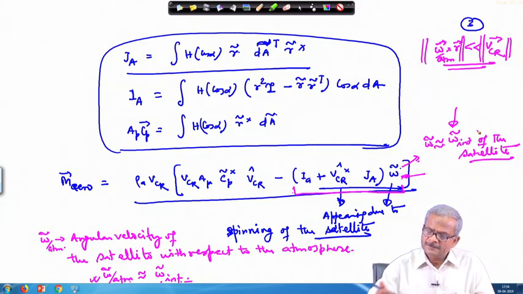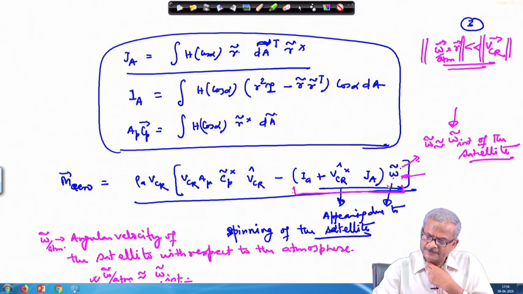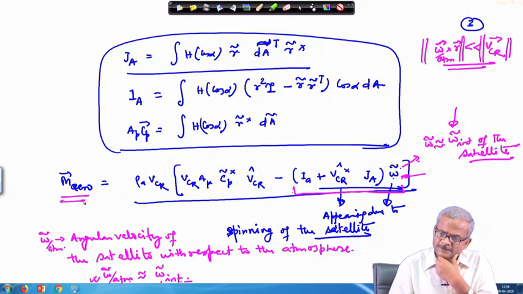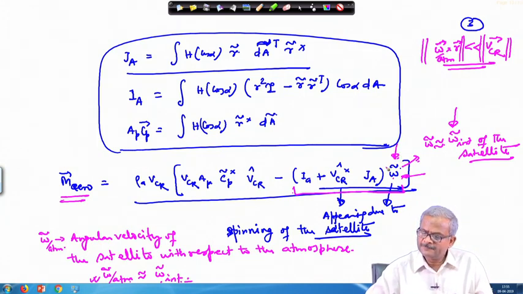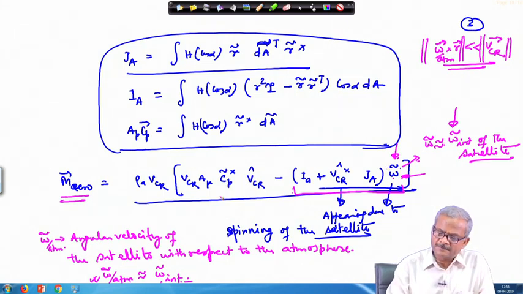So, if we look at this expression very carefully, it says that the aerodynamic torque depends on the angular velocity of the satellite with respect to the atmosphere also. Not only this part.